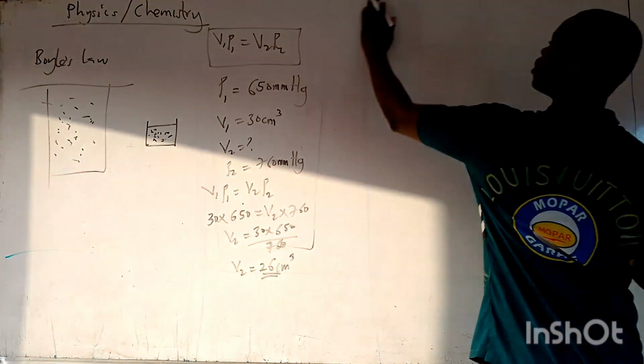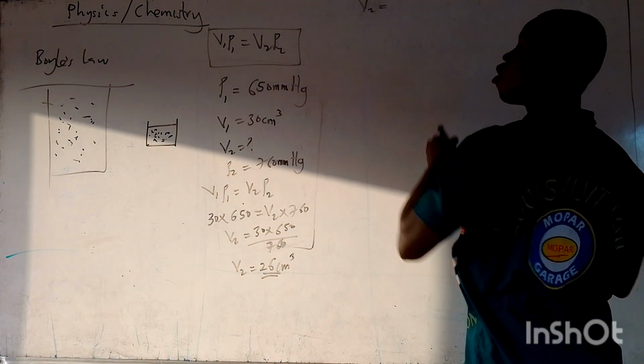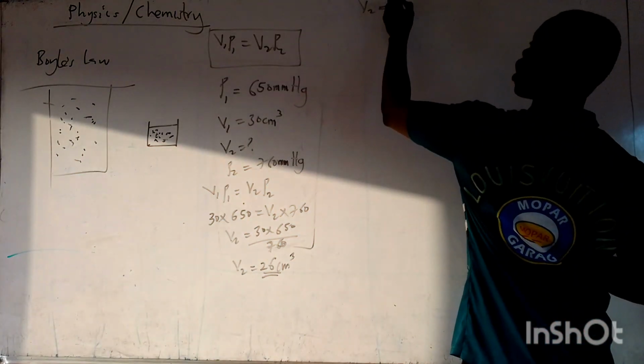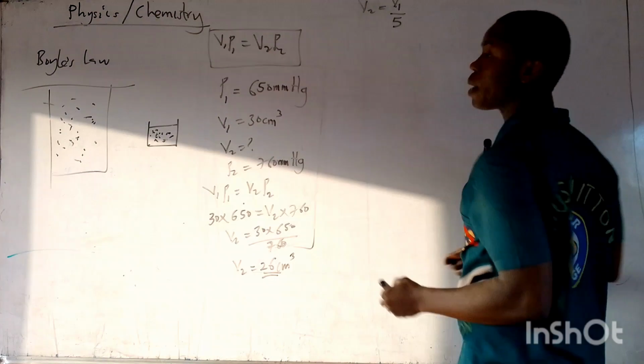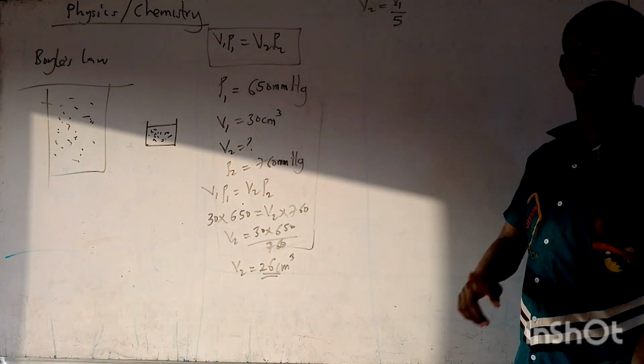That means V2 is equal to 1/5 of its volume, that is V1/5. It was compressed to 1/5 of its volume.